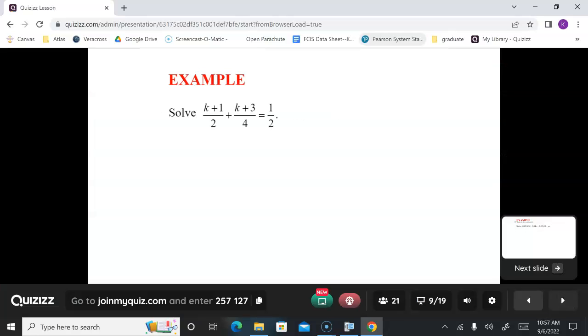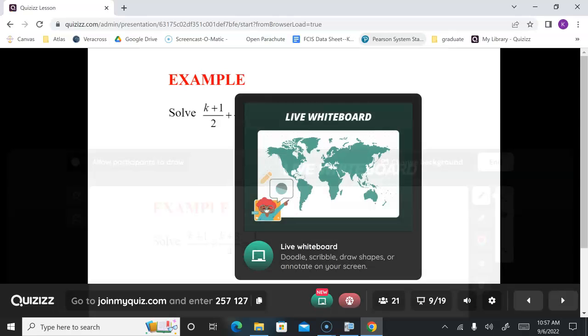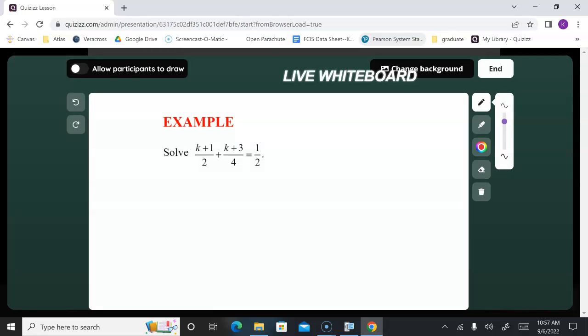Alright, now, let's make it worse. Fractions. Okay. Who remembers what I said we have to do? Now, more specifically, instead of getting a common denominator and rewriting so that I can add them, the goal of my least common denominator is to get rid of the fractions. What is my LCD of 2 and 4? 4.